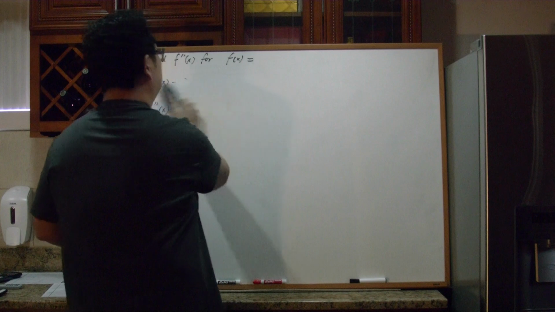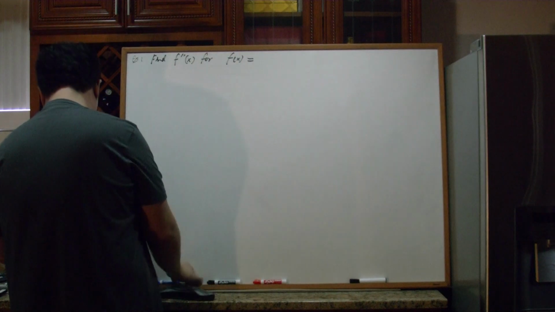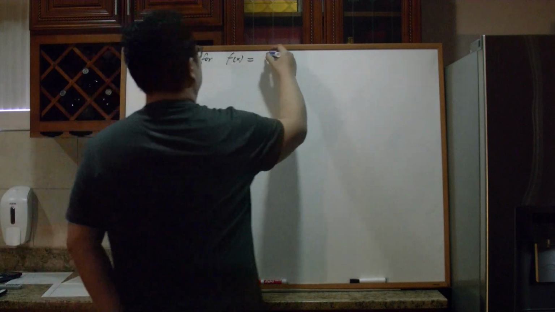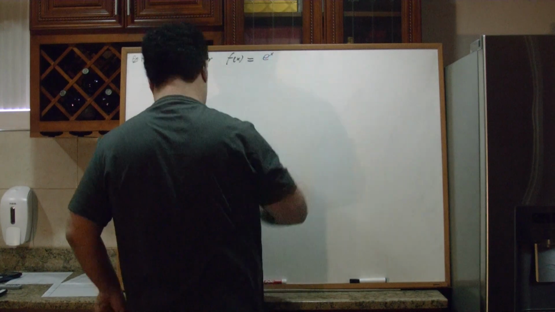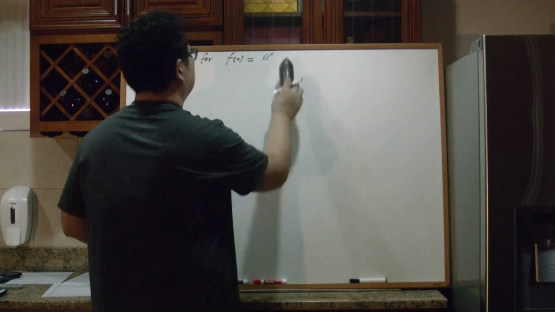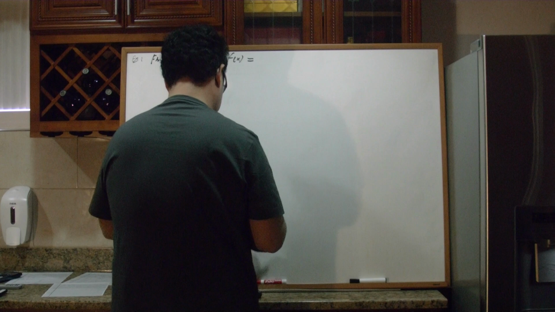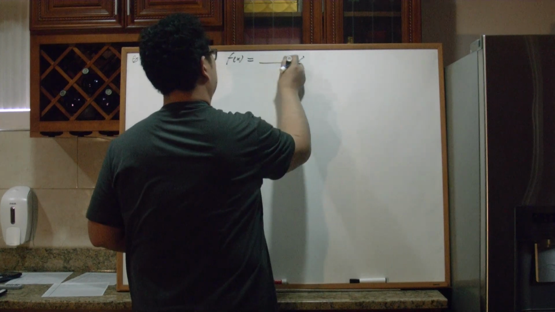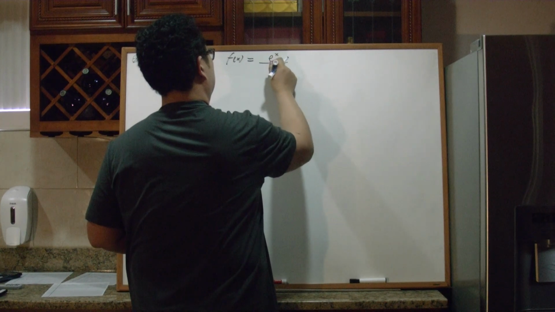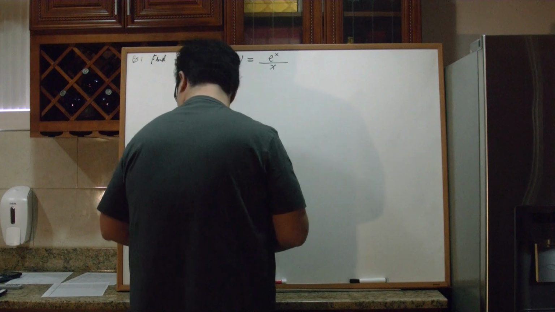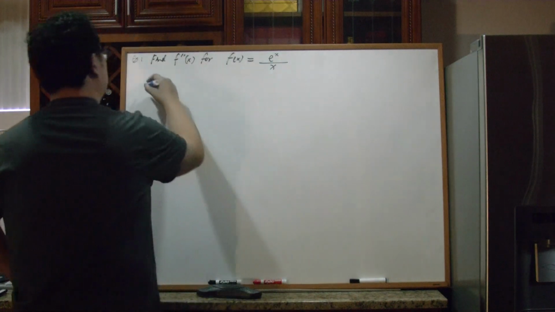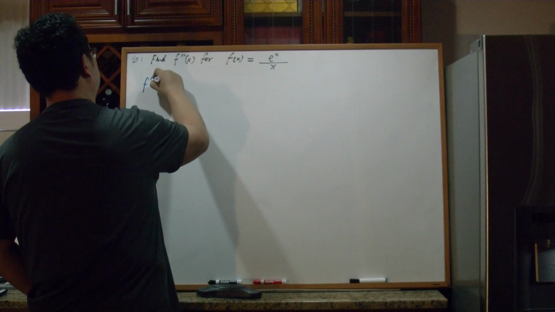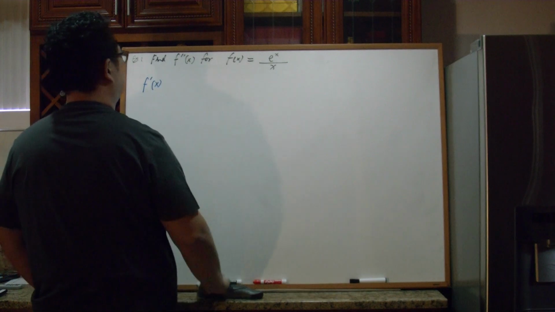Then we see the next one, maybe a little bit more work to do. Right? We have e to the x over x. And f prime of x, to be found, use the quotient rule.